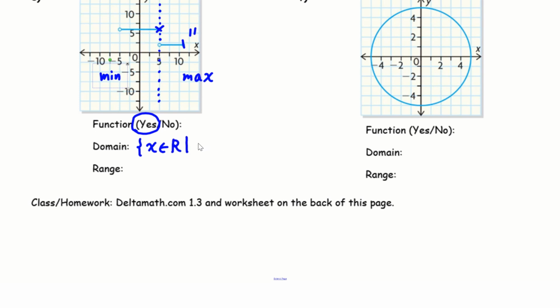Then from minimum to maximum. And this side is an open dot, no equal sign. This side you have a solid dot, so you have an equal sign there. Then this is the domain for this graph.